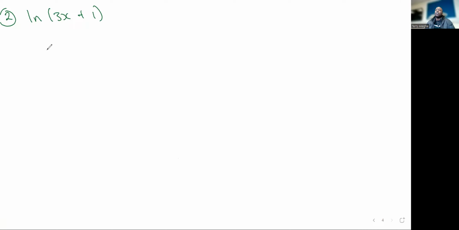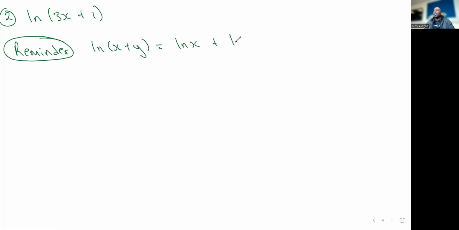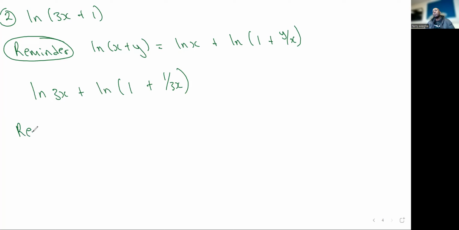So ln of (x plus y) is equal to ln x plus ln of (1 plus y over x). Here, 3x is your x and 1 is your y. So it's going to give us ln 3x plus ln of (1 plus 1 divided by 3x). The same thing, we will apply the product rule as well.